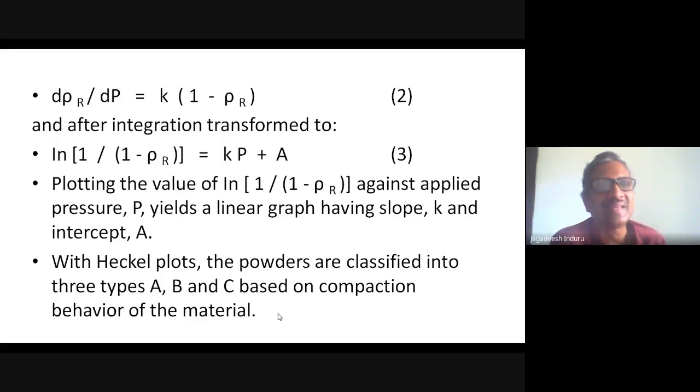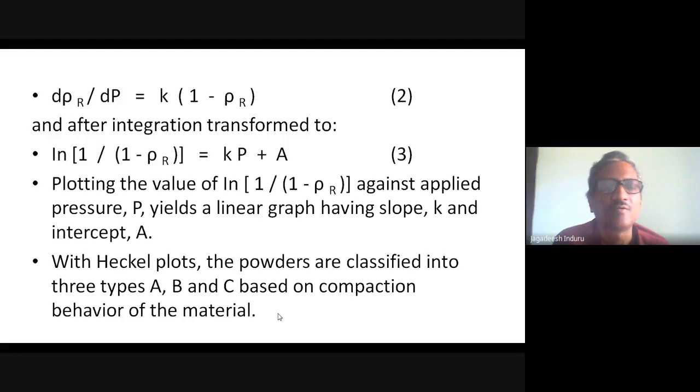So it is appearing as y is equal to mx plus c. This is a linear equation. In this particular case, c is equal to the intercept, that is nothing but A in equation 3, and m is equal to K, that is the slope, and x is equal to P, that is the pressure, and your y is equal to natural log of 1 by 1 minus rho r.